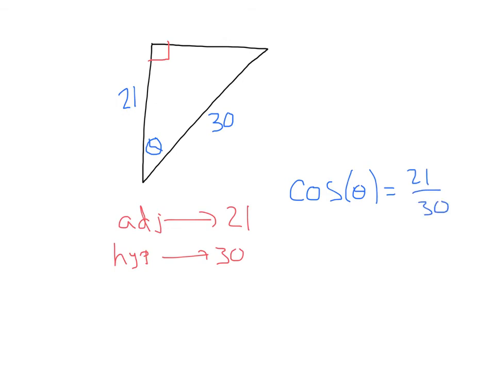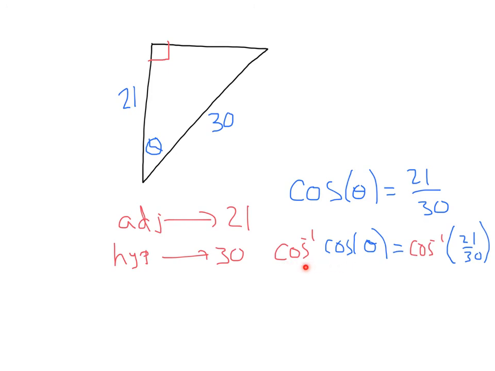Now how we solve for this theta here, a common misconception is people try to divide by cosine, but you cannot divide by cosine. Cosine is always a trig function based on the angle. So what we do here is we use cosine inverse. We do cosine inverse of both sides. So cosine inverse of cosine is going to equal the cosine inverse of 21 over 30.